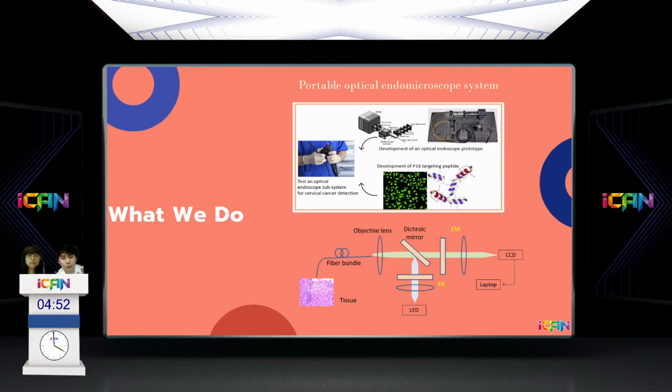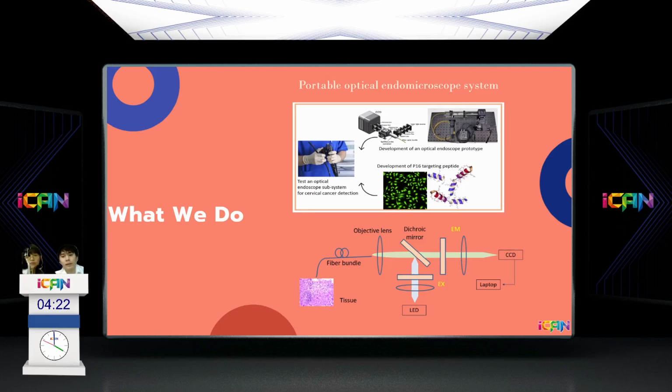What we include more is fluorescence. The first thing is the light source, because we are going to work in a reflective mode microscope system, since we are going to observe in vivo inside the cervix of the woman. So the only way we can do it is reflective mode.